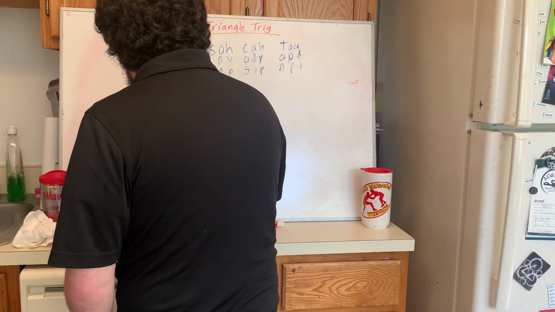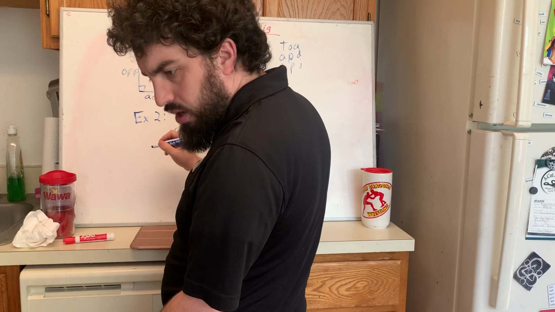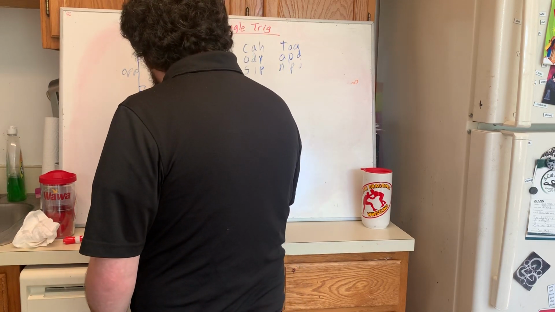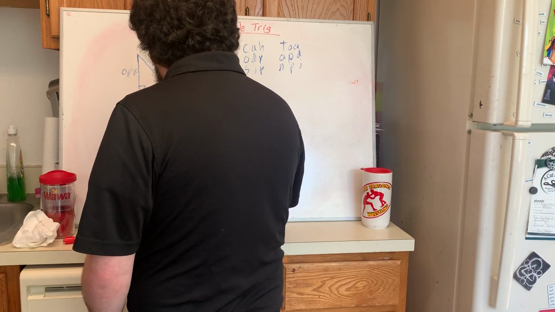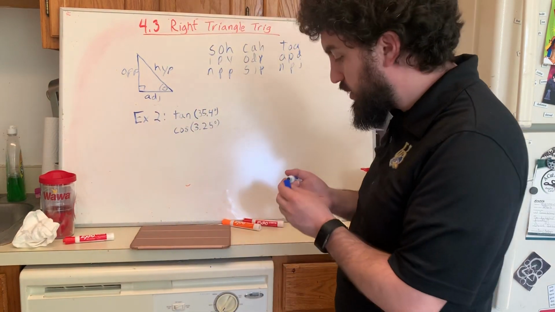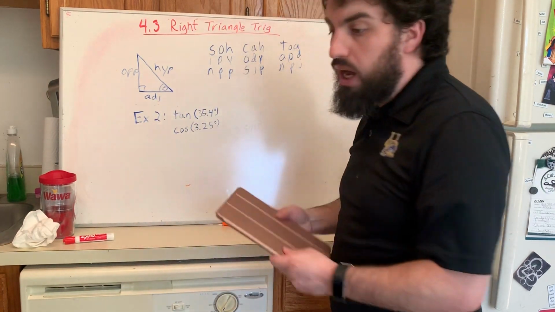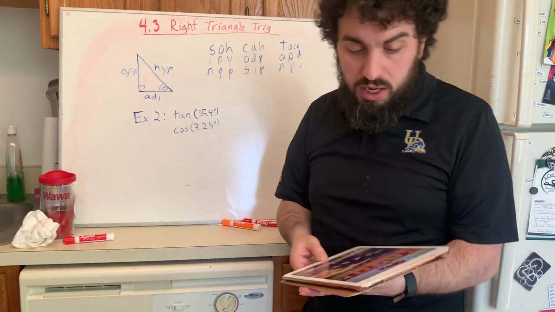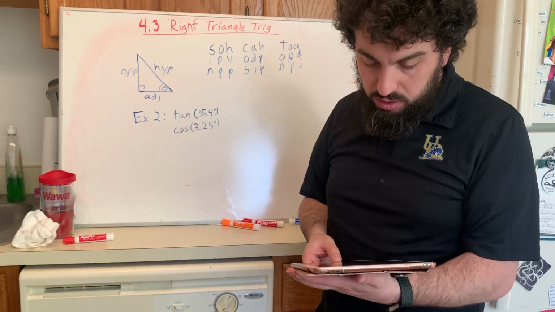And also wants us to find the cosine of 3.25 degrees. So again, what I'm going to do is utilize my Desmos calculator.